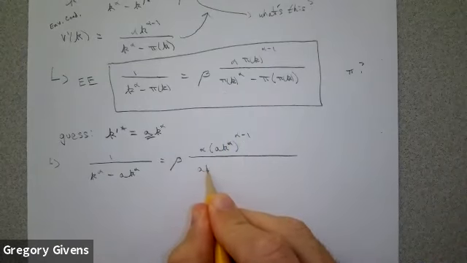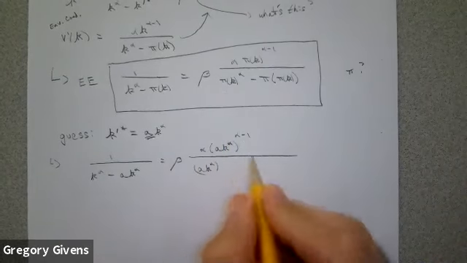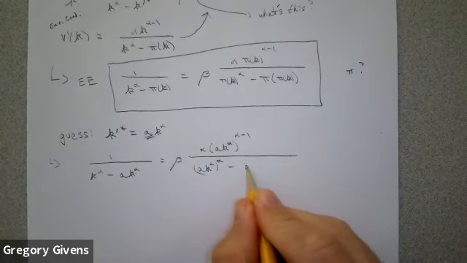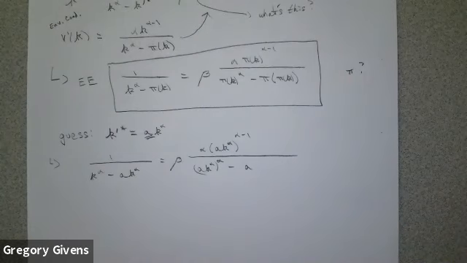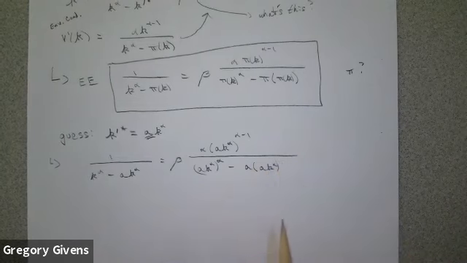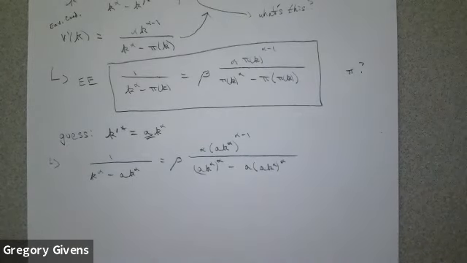So that's a k to the alpha raised to the alpha, minus pi of k. All right, now be really careful about this. This would be a times k prime to the alpha. So that would be a k to the alpha, and then the whole thing raised again to the alpha. So I've done nothing more than substitute my guess into this Euler equation.